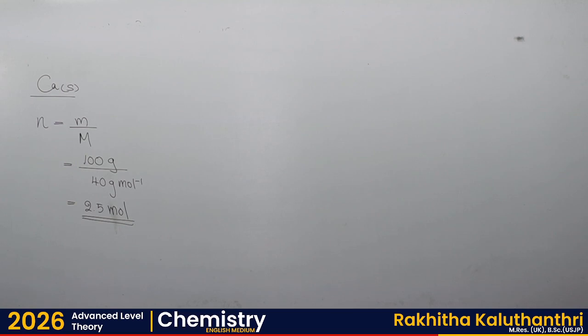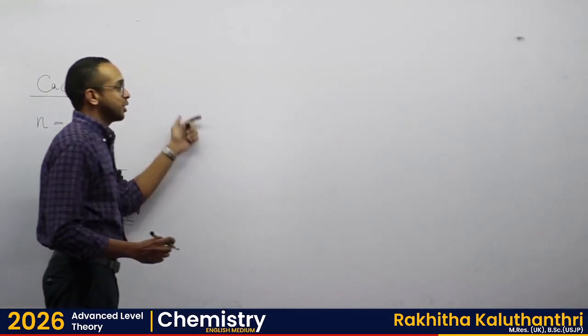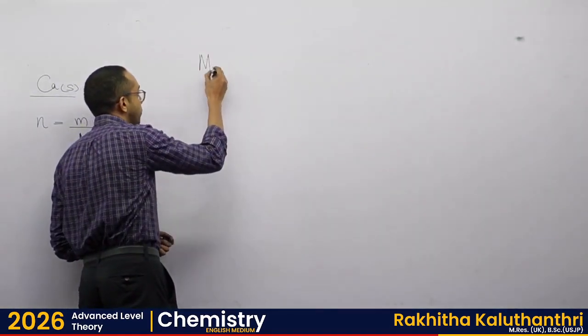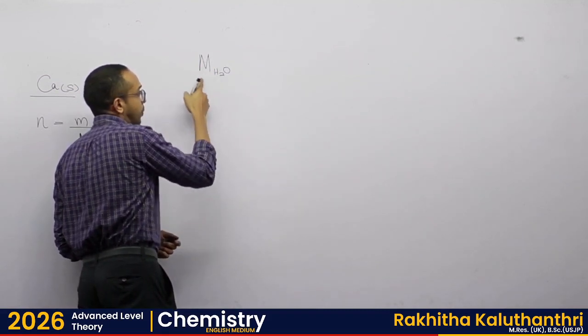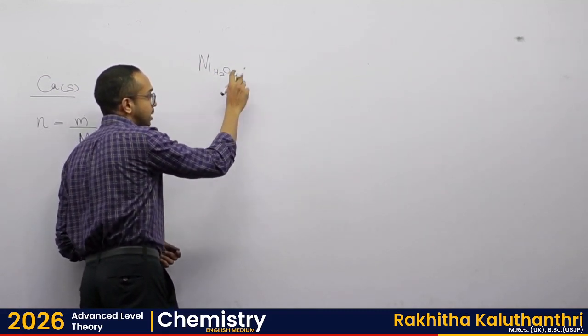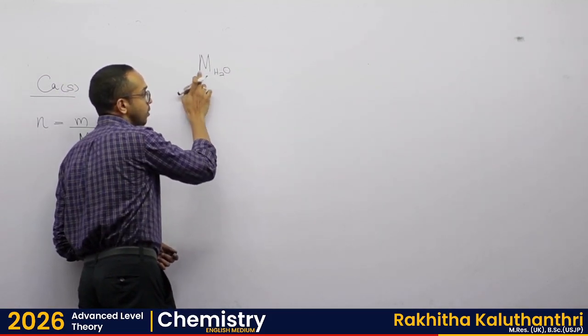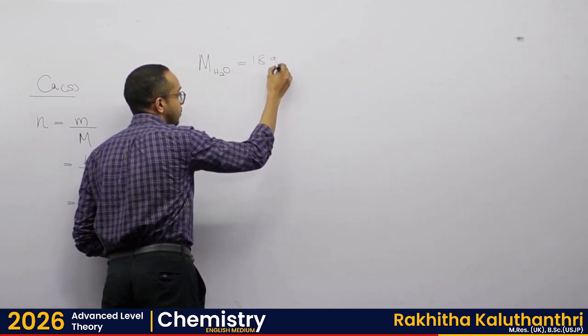Very good. All of you are done? Didn't take 2 minutes. So first of all, H2O has a molar mass. We can write molar mass of H2O. Capital M stands for molar mass, and if you write the substance as a subscript, it means molar mass of H2O equals 18 grams per mole.